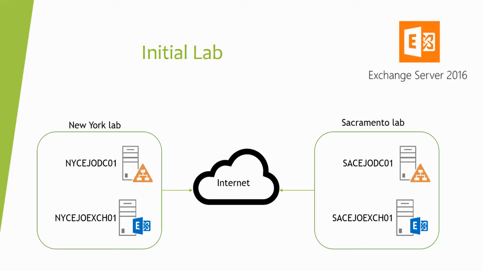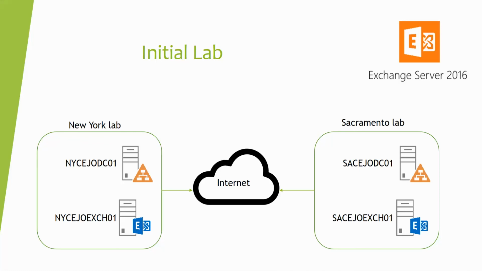I'm so excited because I have many plans for you guys, and to make sure that everyone is going to learn what they need to. So we have a New York lab and a Sacramento lab. We're going to have two domain controllers, one on each, and two Exchange servers, one on each.